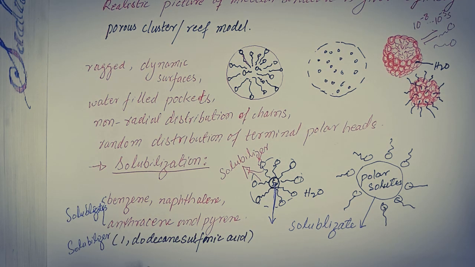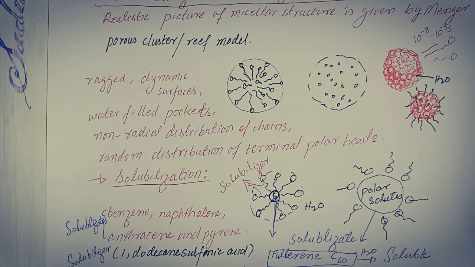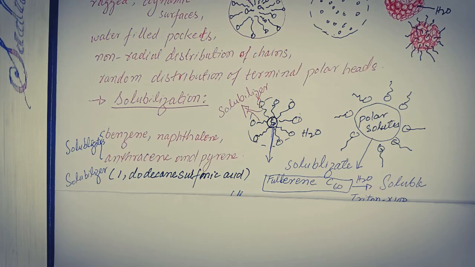And for these kinds of solubilizates, 1-dodecane sulfonic acid is mostly used as solubilizer. And the fullerene, that is C60, is solubilized using Triton X-100 surfactant in the aqueous solution.